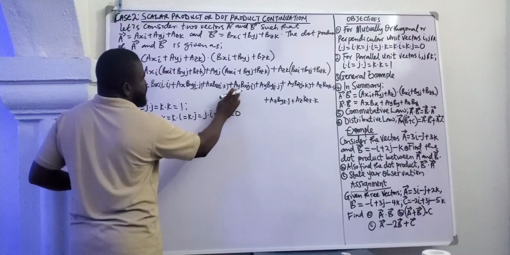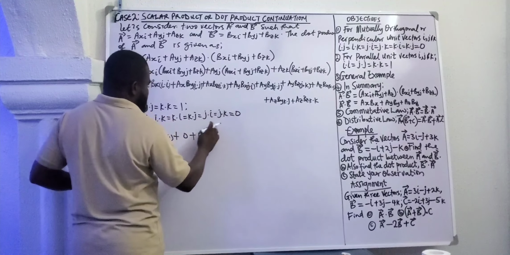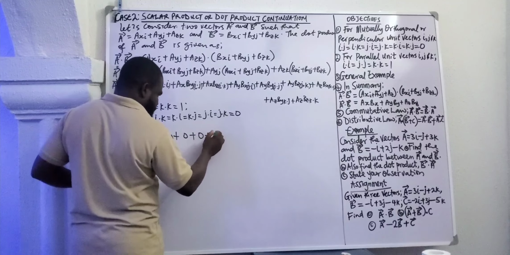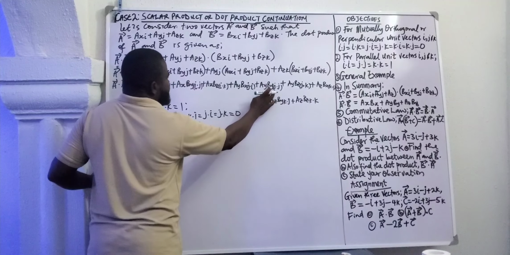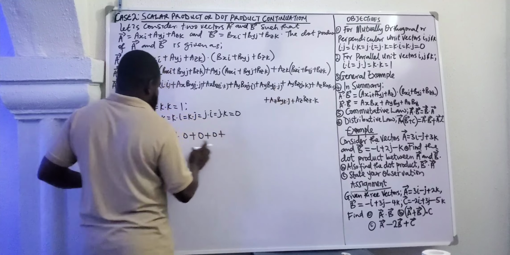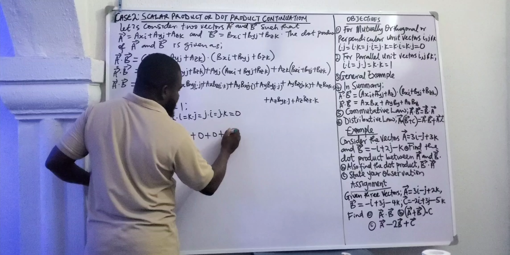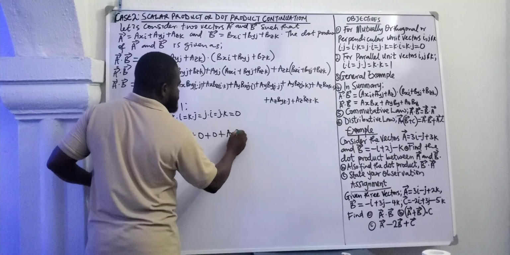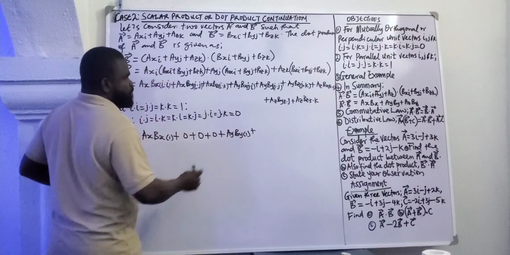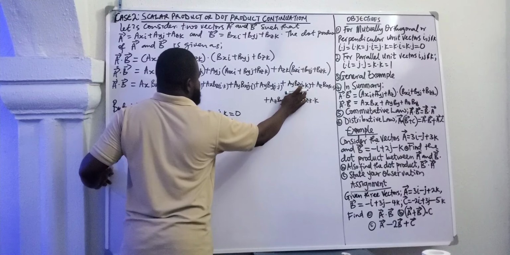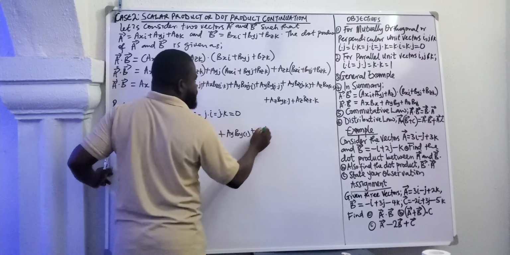I have AYBX J dot I. J dot I is 0. So that component goes to 0. I have AYBY J dot J. J dot J is 1. So that component will remain. So I'm having AYBY times 1. So it remains, plus AYBZ J dot K is 0. That component goes to 0.